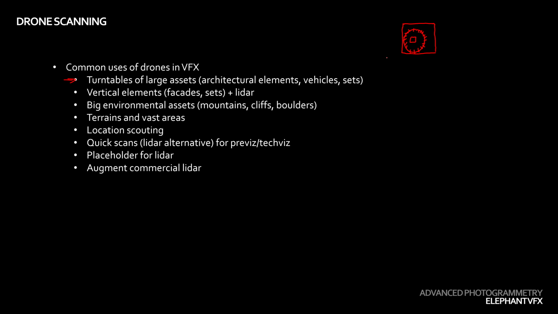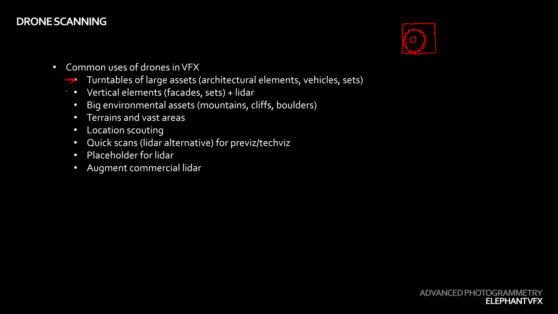So anything that can be photographed from every angle that is big, a house, a truck, a building, a huge rock, whatever it is, we can use drones for that. And we're going to be doing a couple of exercises scanning large assets that can be scanned as a turntable.